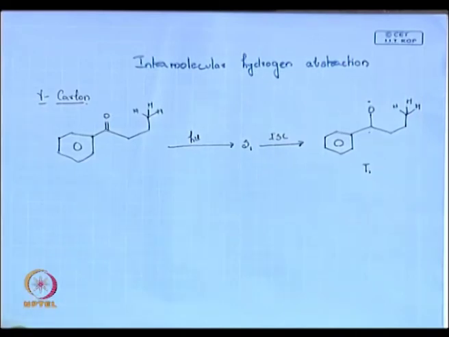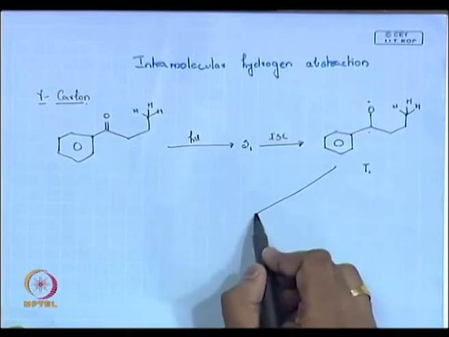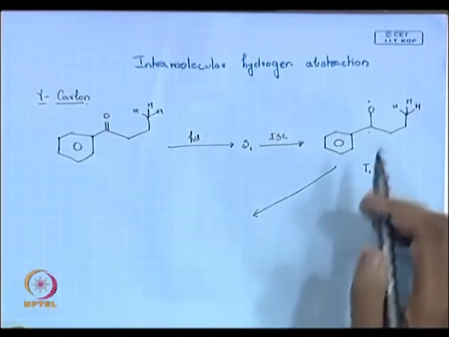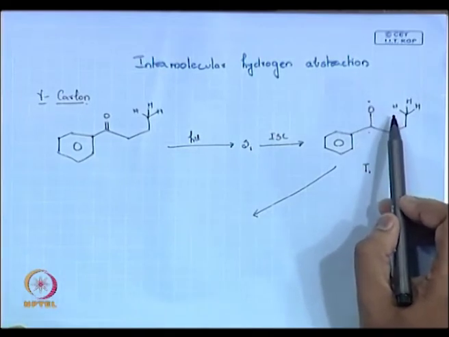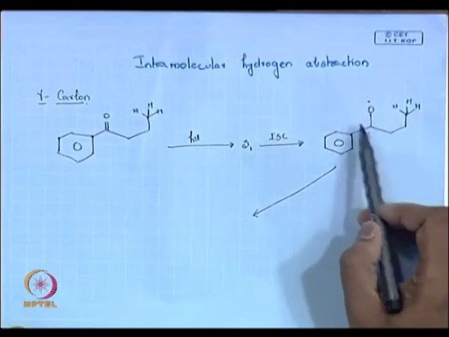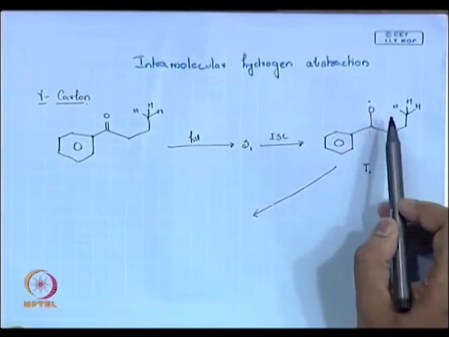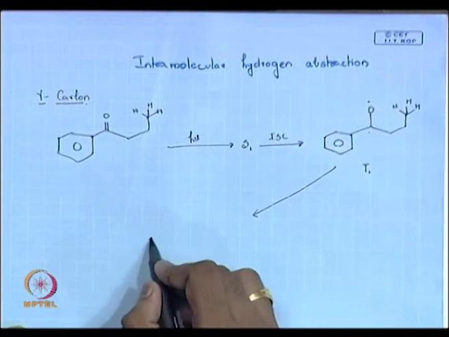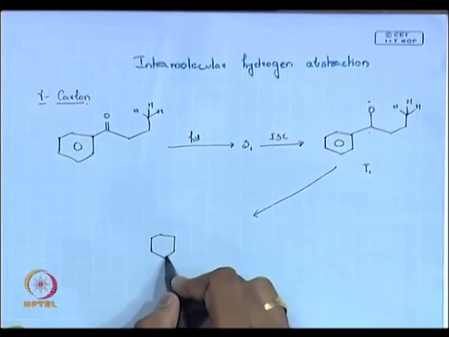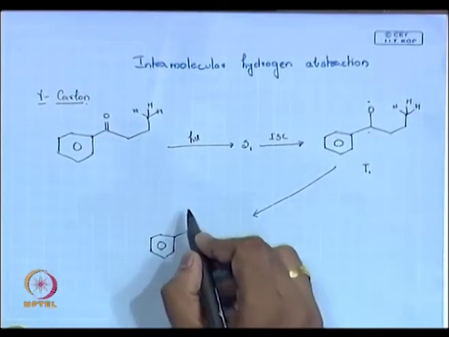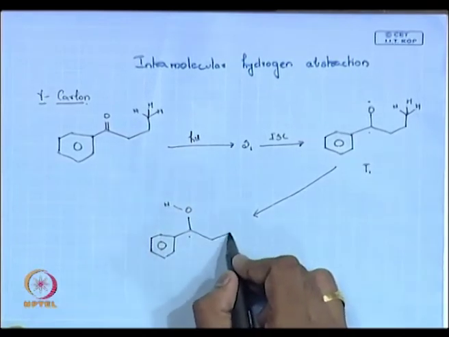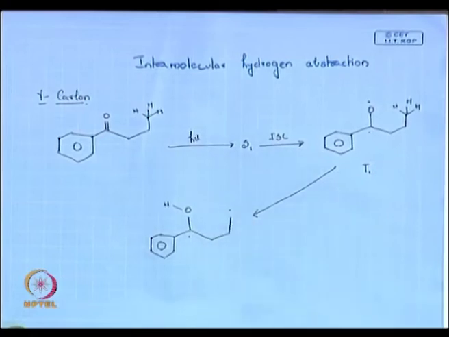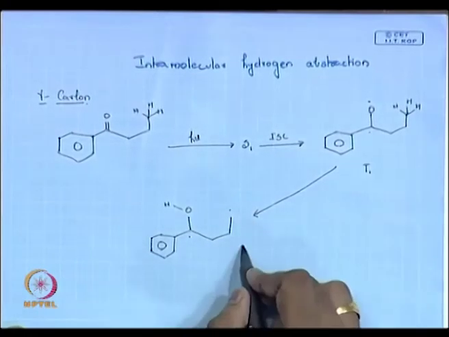Then what we said? After that, this alkoxy radical O dot can abstract a hydrogen from the gamma carbon because of its 6-member transition state, and we studied the stereochemistry. So, if it does that, you end up with a 1,4 diradical.